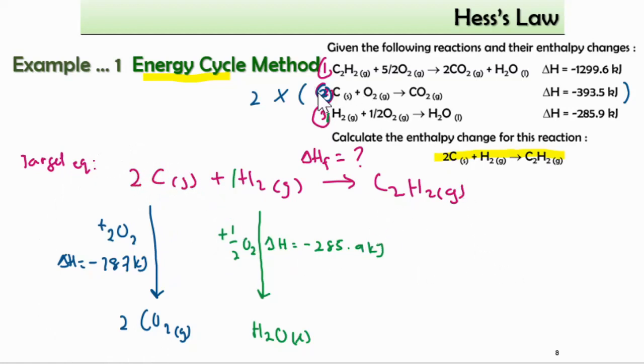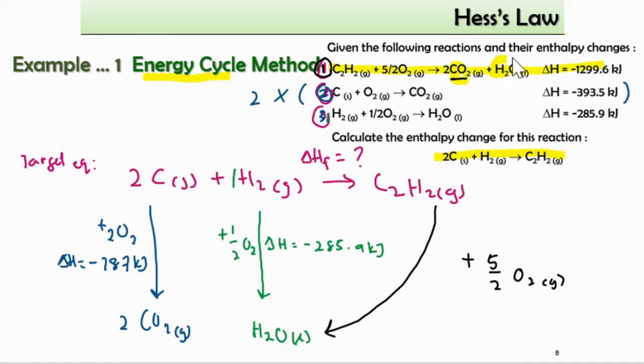Alright, so the last one, okay, so kita dah guna equation 2 dan 3. Now kita nak tengok equation yang pertama. So untuk equation yang pertama, daripada C2H2 tambah 5/2 of oxygen, kamu akan dapat produk CO2 and H2O. So from your cycle ni, kita dah nampak, sini ada C2H2. Okay, so for your C2H2, dia akan tambah 5/2 of oxygen gas, akan hasilkan produk CO2 dan H2O.